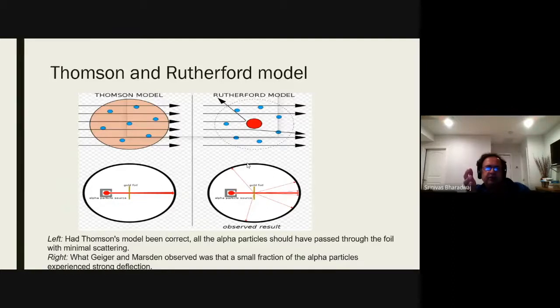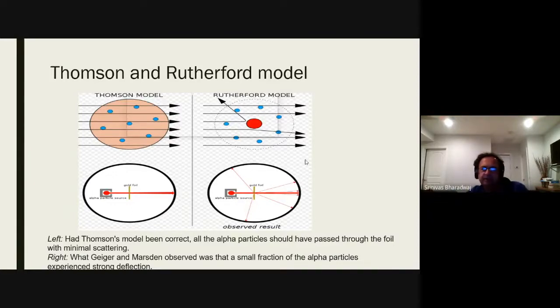If the Thomson model were correct, the particles would flow all the way through. But in the case of the gold foil, they found a lot more scattering of the alpha particles.